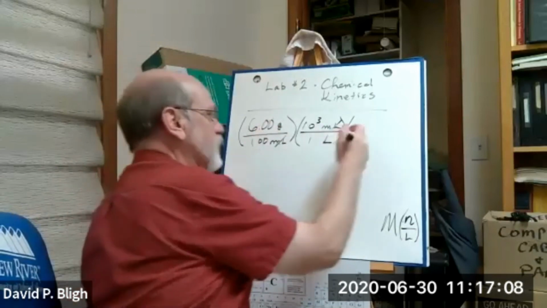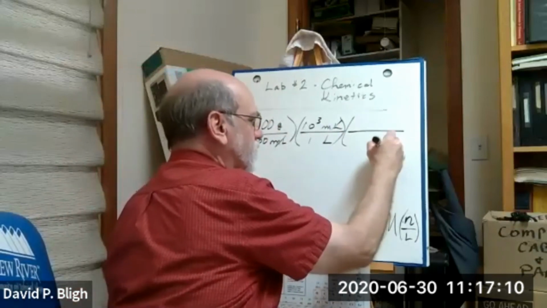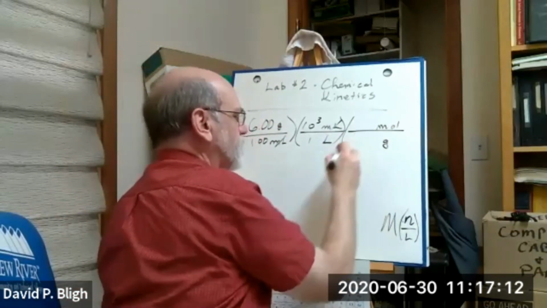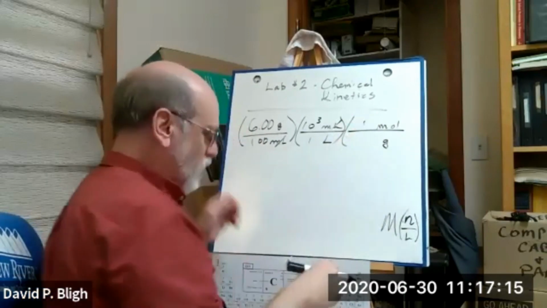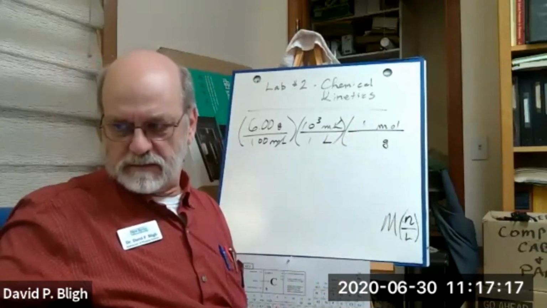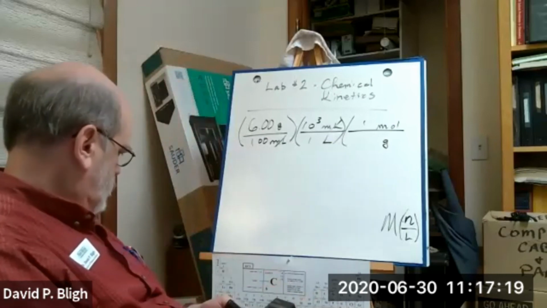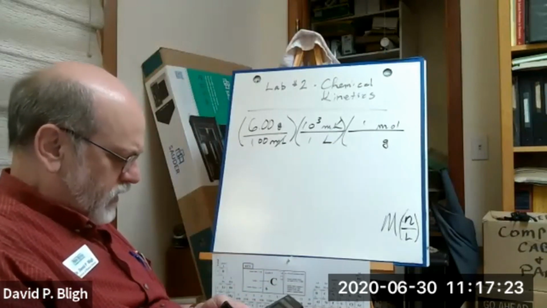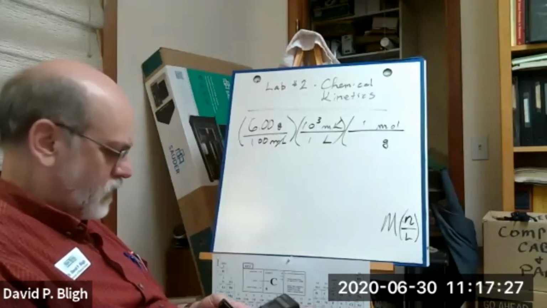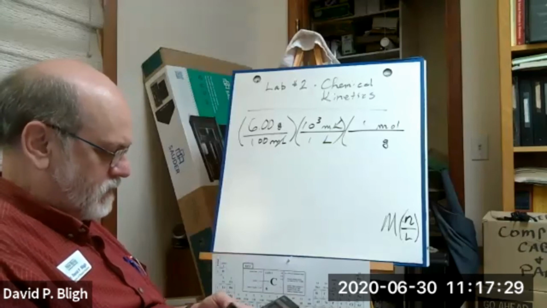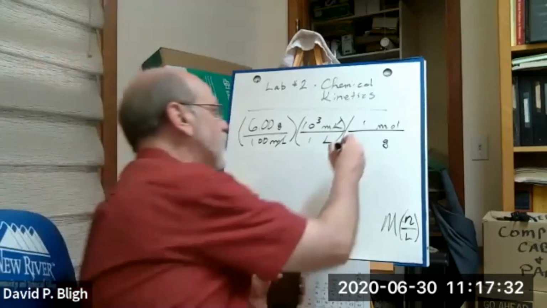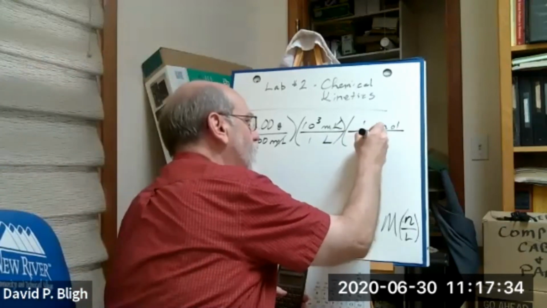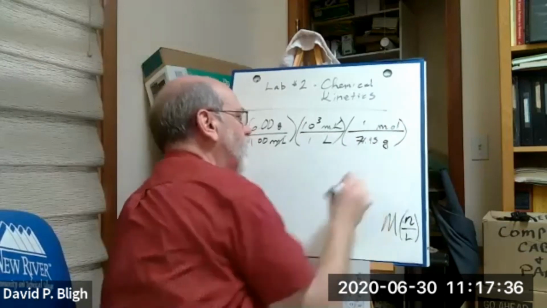So now we can convert grams to moles. We just need to know the molar mass of sodium hypochlorite. Let's see, sodium is 23.0, oxygen is 16, chlorine is 35.45. That's 74.45. There we go.